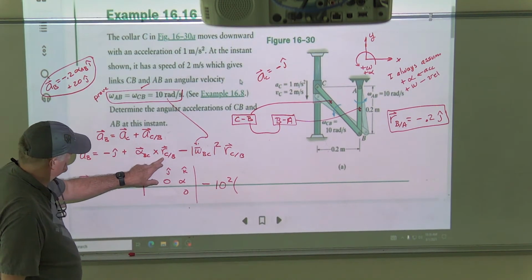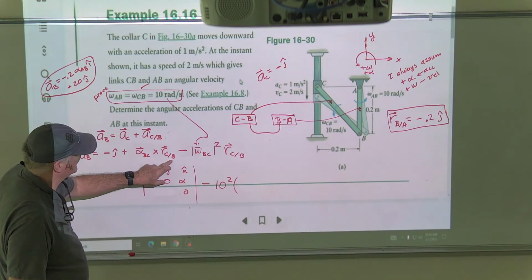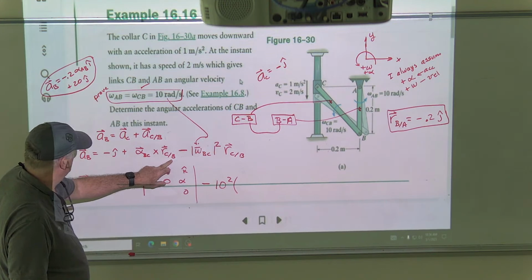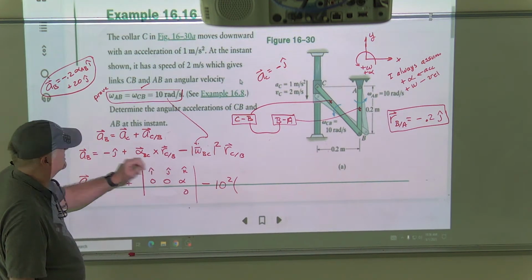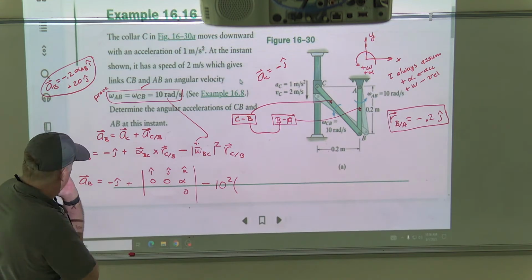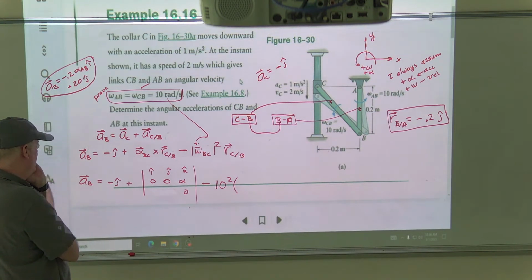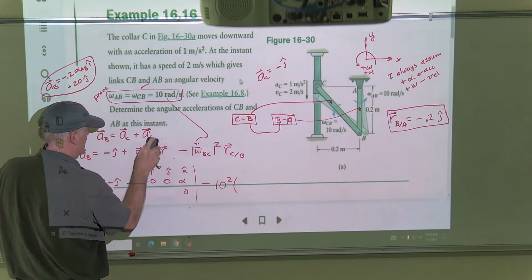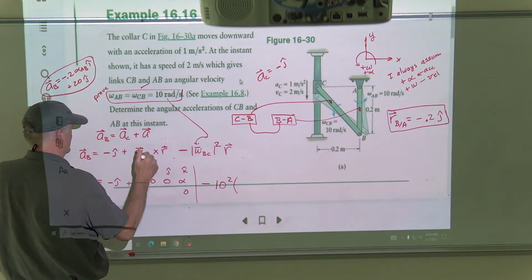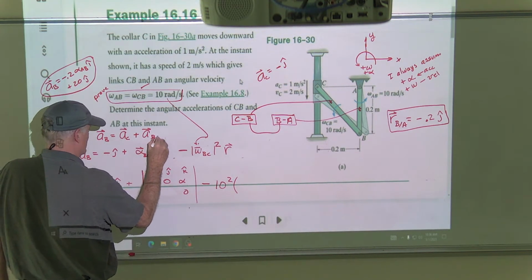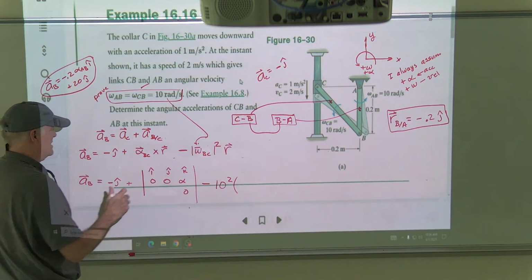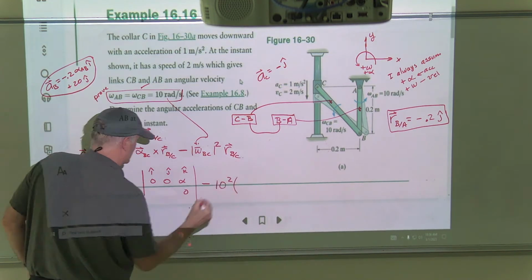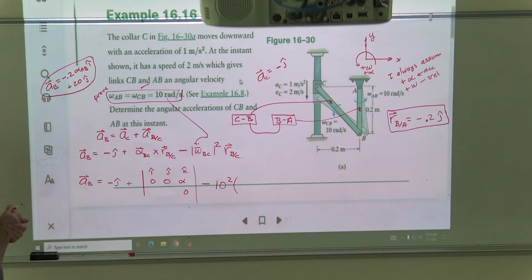Now I need to find this vector, the vector that starts out at... hang on a second. Got that flipped. Okay, this has to be BC. Sorry about that. Now, I was going too fast there.